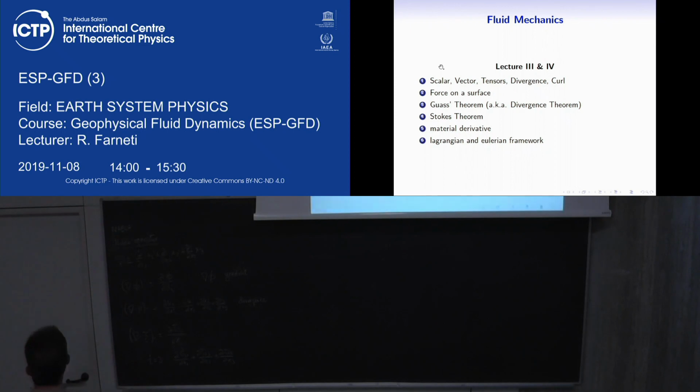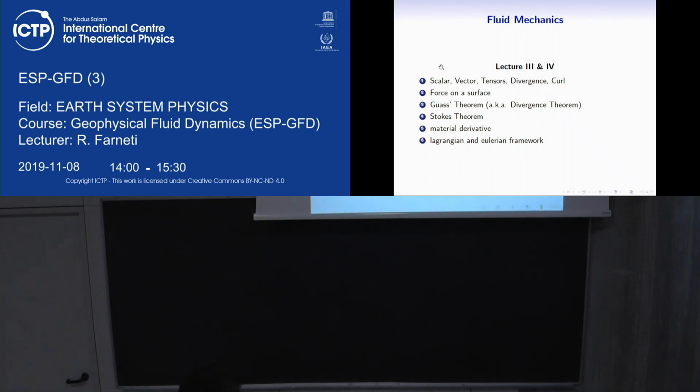Now we're going to look with tensor notation at how to define a force on a surface, which is what we looked at before in static conditions. There you only have pressure. When you're not in static conditions, you have a shear stress acting on the surface of the fluid.